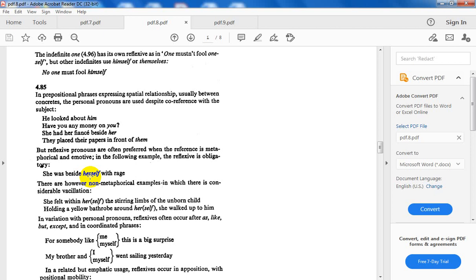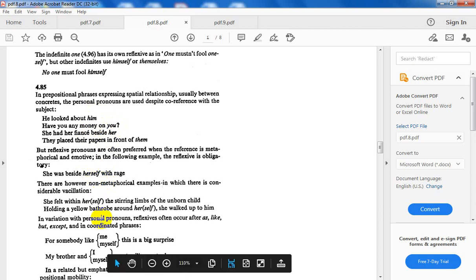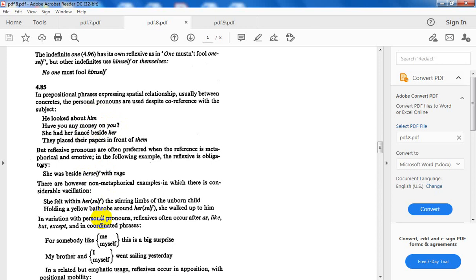Then I have a mix. Of course, here it is obligatory with personal. Here, obligatory with reflexive. But here I have a mix between them. You have the option to use reflexive or personal. There are, however, non-metaphorical examples in which there is considerable variation.